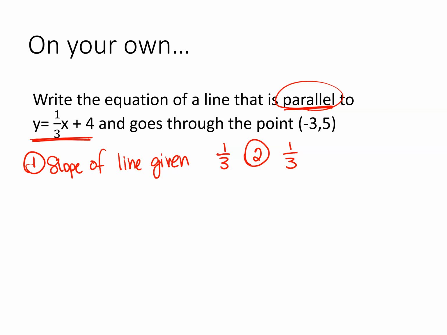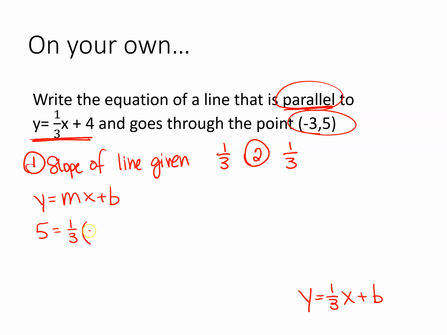Now if I'm writing an equation, I have y equals, I already know my slope. I just need the b part. So I'm going to find that by using y equals mx plus b. I'm going to substitute everything I know about my point. My line is going to go through this point, so that's 5 equals 1/3 slope times x, which is negative 3, plus b.